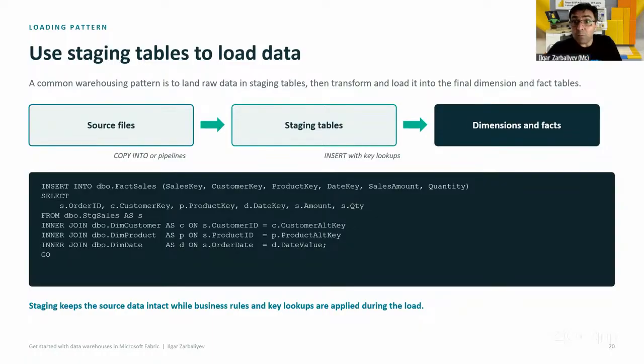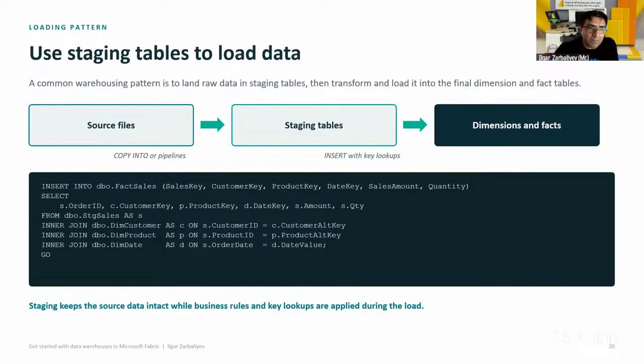This is one of the most important practical patterns in the whole session. So let me spend a moment on it. The pattern is land raw data in staging tables first, then transform and load it into your final dimension and fact tables. Staging tables mirror the structure of your source data and act as a temporary holding area.